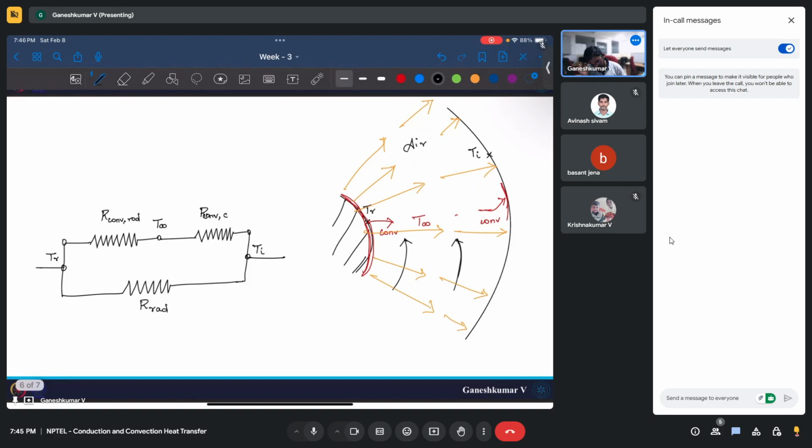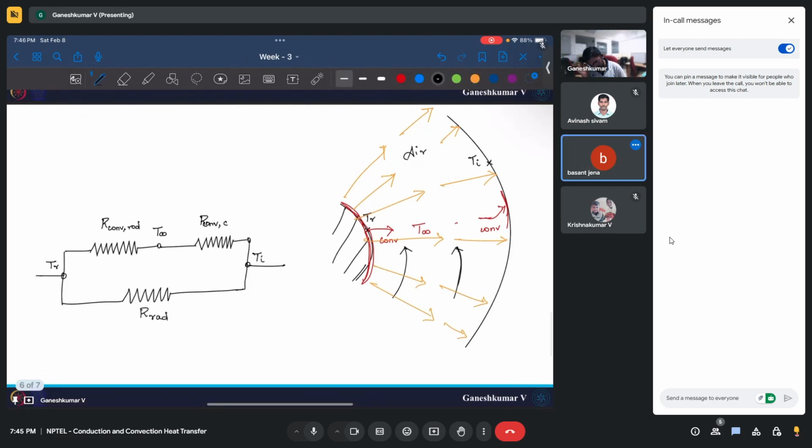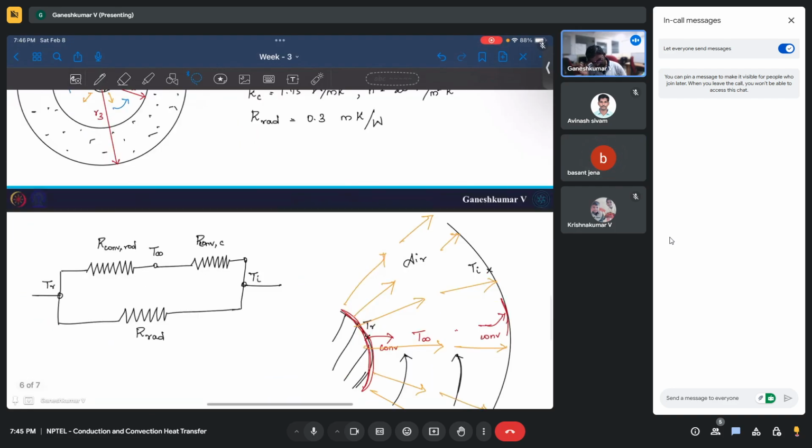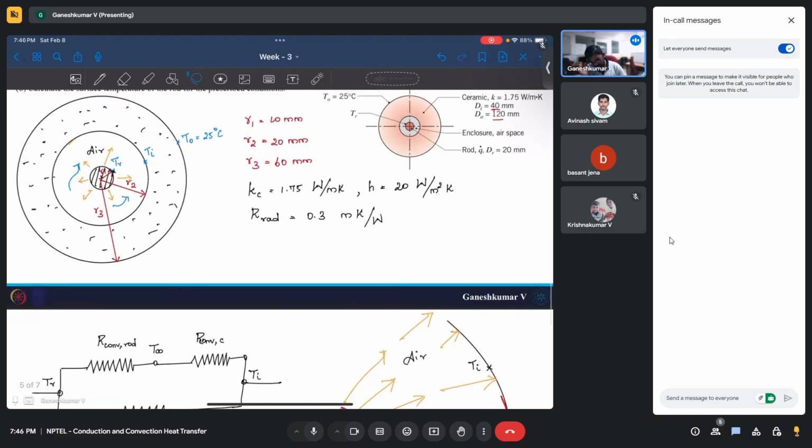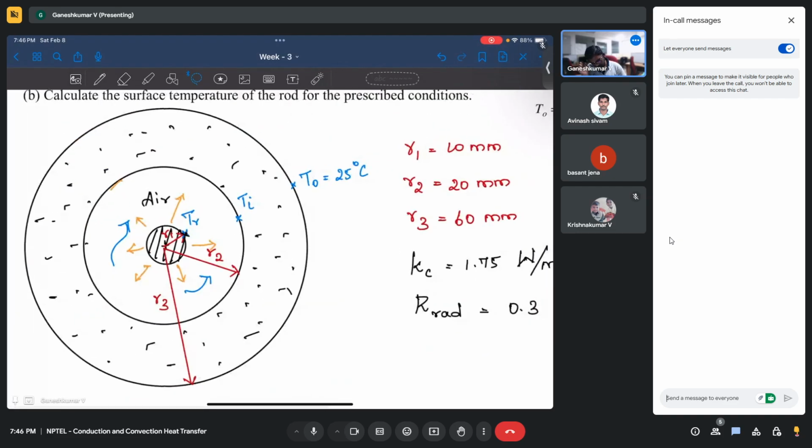Is that clear now, or is it confusing? It is a bit confusing. Okay, one thing you need to notice. From here the heat has started traveling. Heat has started traveling from the surface. There are two pathways a heat can travel.